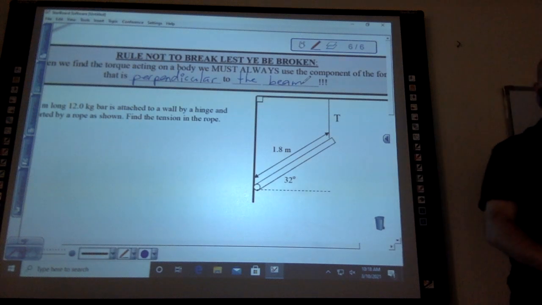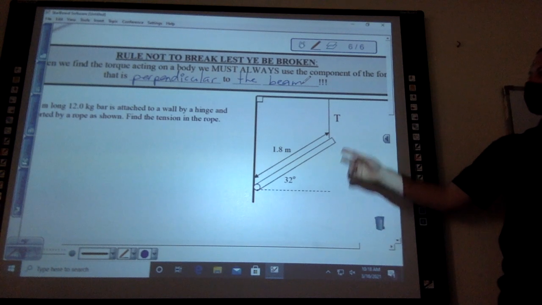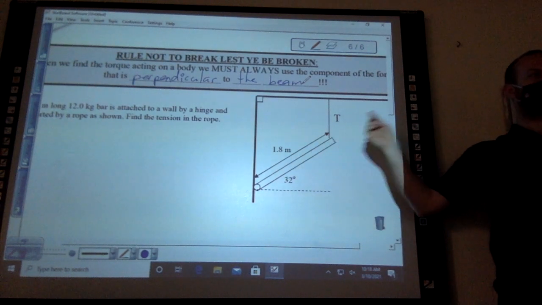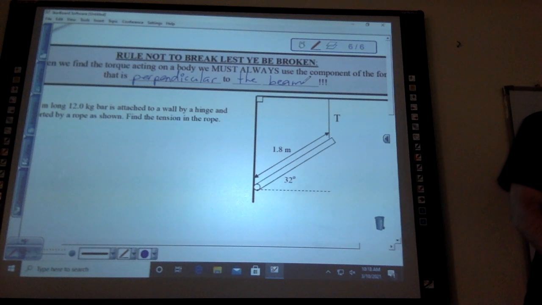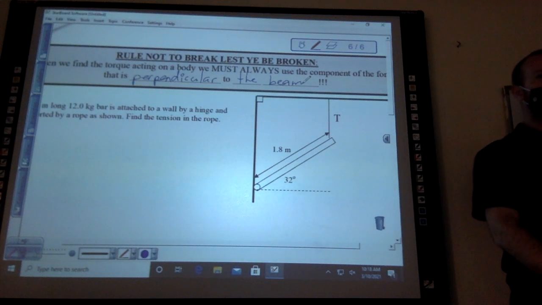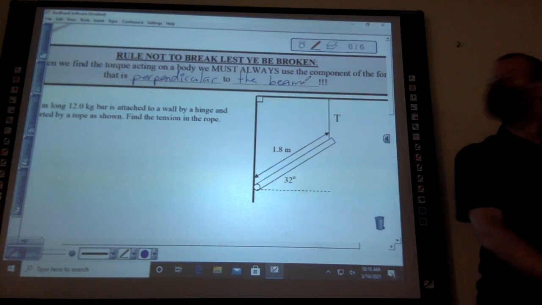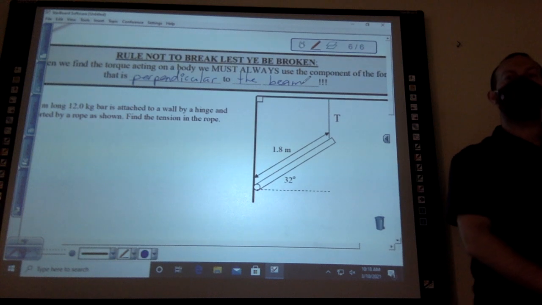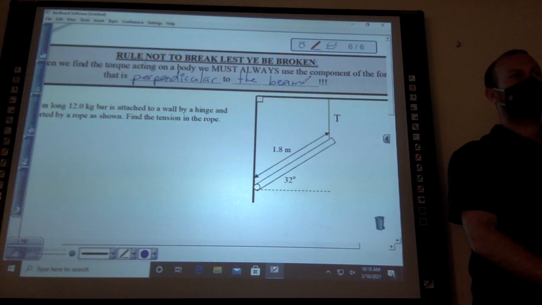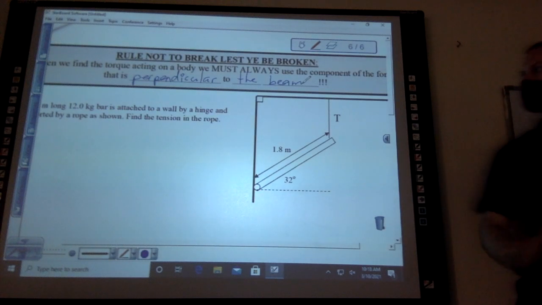So because of this, we can have funky systems like this, where now the beam is not at 90 degrees to whatever the wall is. So the tricky part now is the fact that FG has 2 components. But this shouldn't freak you out, because you've already seen this with inclines.